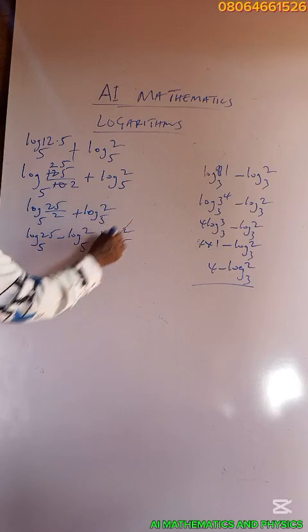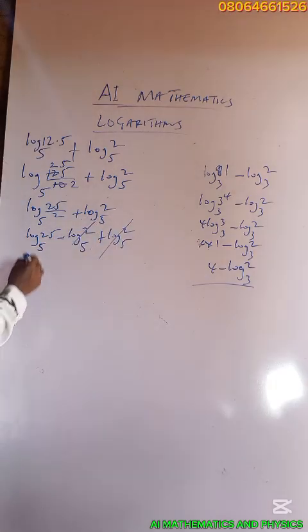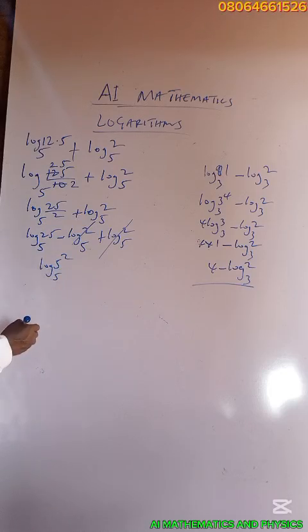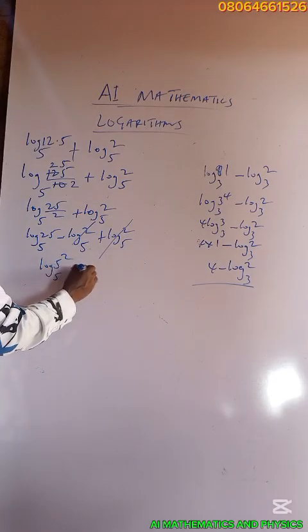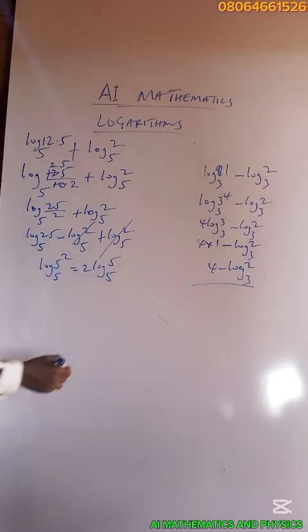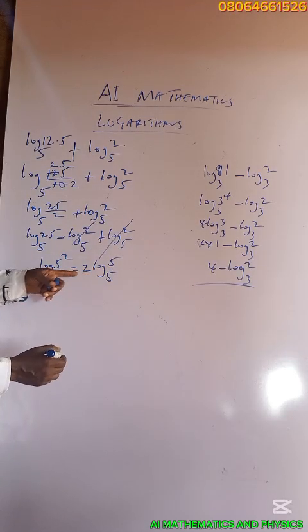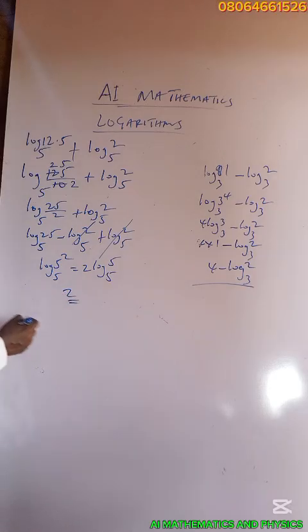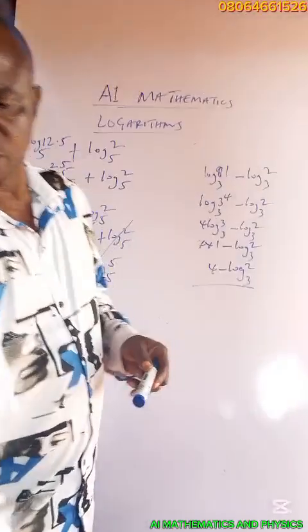You can see that this one cancels this, and this one will be log 5 raised to 2 base 5. Don't forget the rule. This will be 2 log 5 base 5. Log 5 base 5 is also what? 1, which means our final answer will be 2.